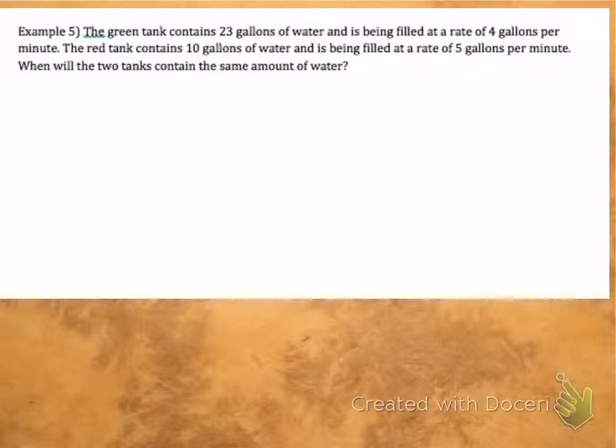So again, we're looking at what our unknown is. We're looking for when. So we're looking for a time factor. So you want to think about what time is being measured in here. And the unit of measure is minutes. So then our unknown is the number of minutes since the tanks have been filling.